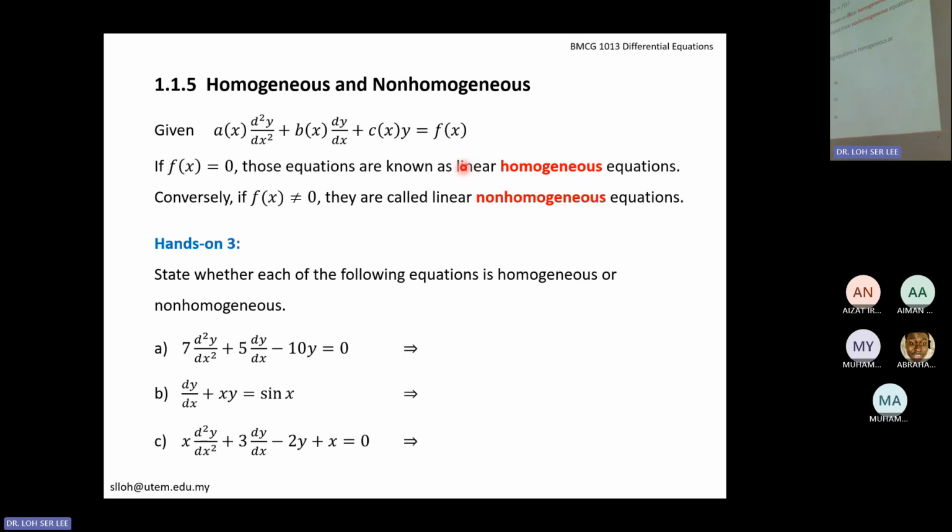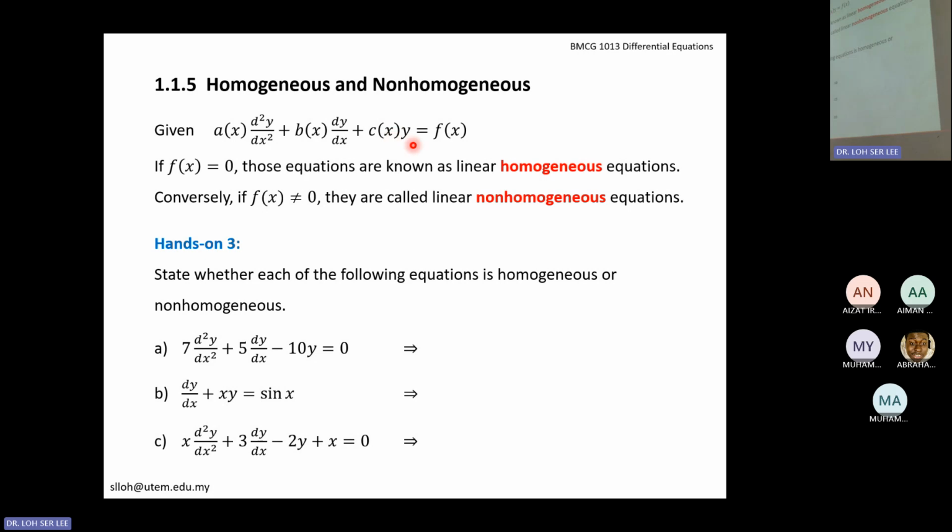Why is this linear homo? Because it is linear. So what is linear? Power of 1, power of 1, power of 1, and the coefficient functions must be all in the independent variable, as well as the right hand side function. So this is linear and also homo.